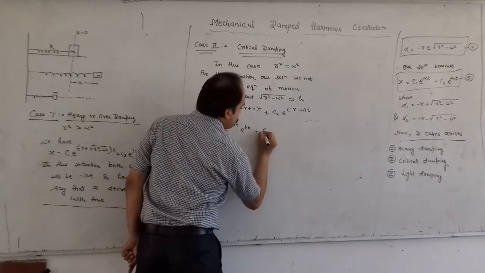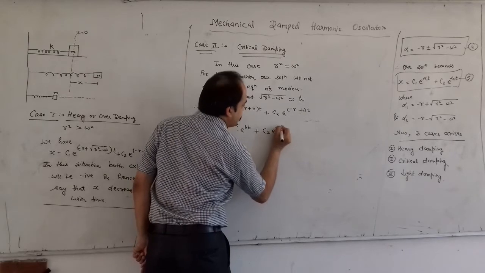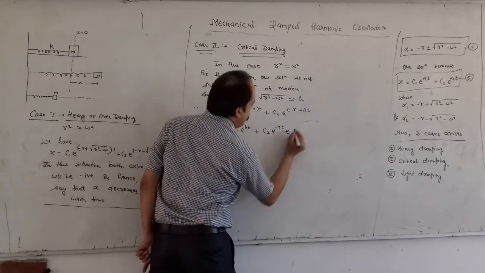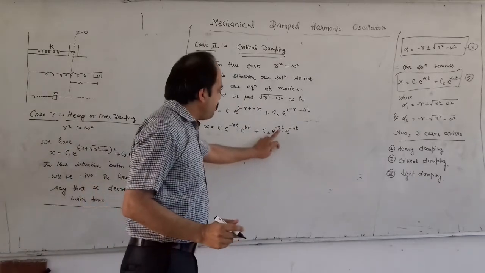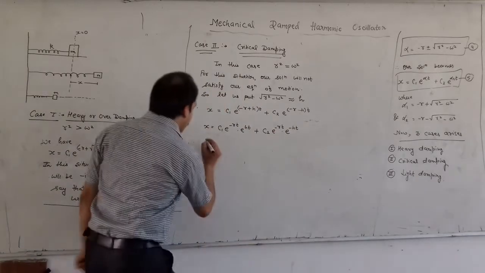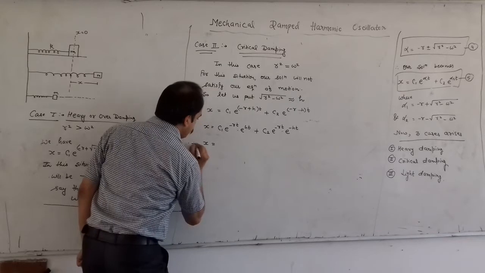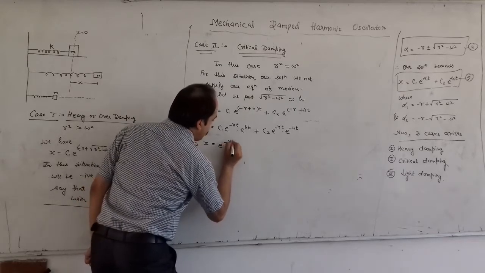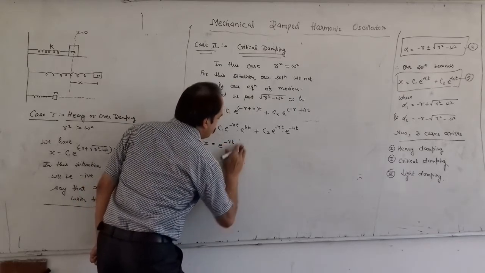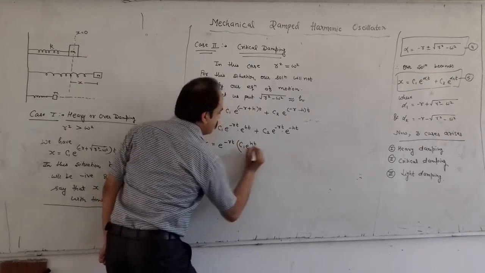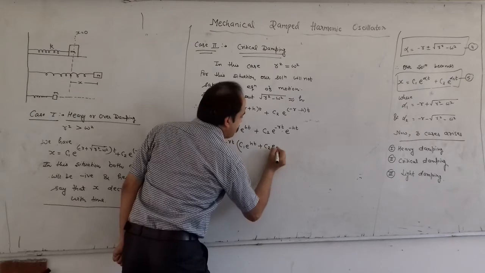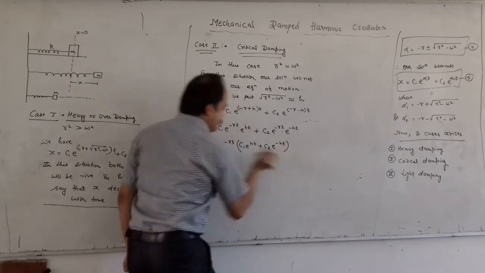Here we can write c2 e to the power minus rt into e to the power minus ht, right? So taking e to the power minus rt as common, we can write x is equal to e to the power minus rt times c1 e to the power ht plus c2 e to the power minus ht, right?